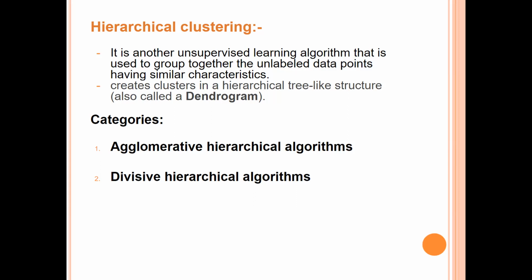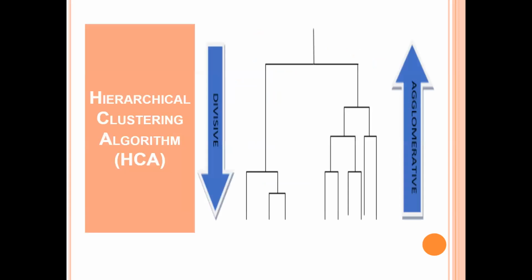Now, hierarchical clustering creates the clusters in a tree-like structure, which is called a dendrogram. Here, further, we are having two kinds of categories under hierarchical clustering. First is agglomerative hierarchical algorithm, and second is divisive hierarchical algorithm. So let's move with it.